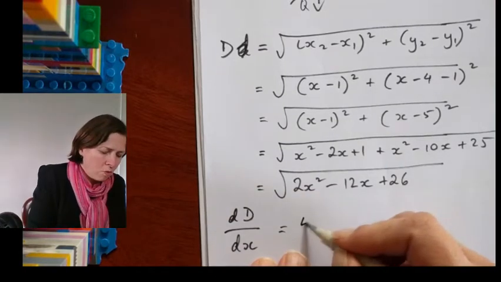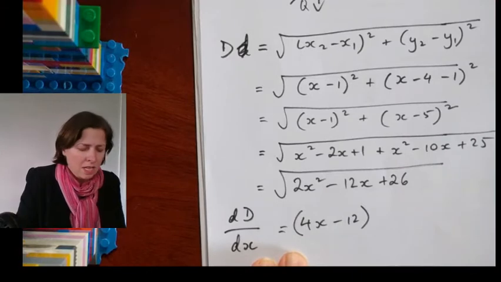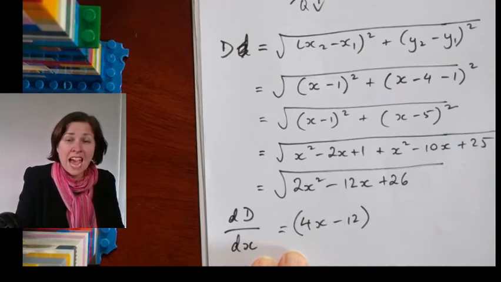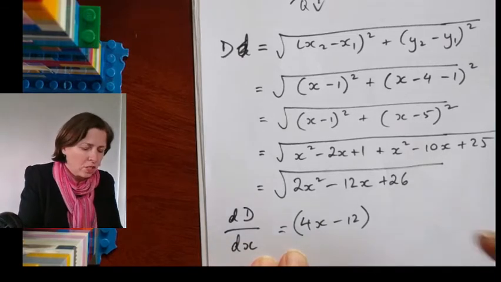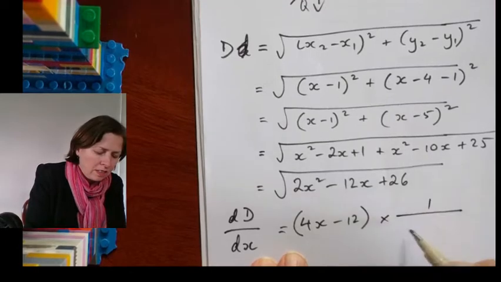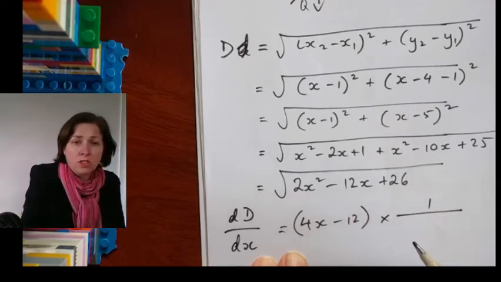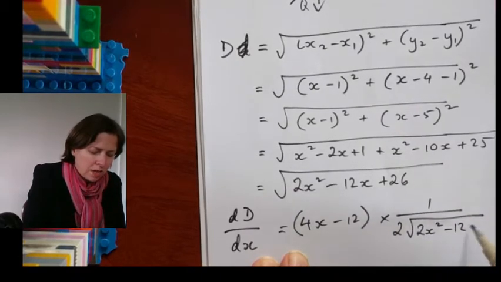That's going to be 4x minus 12. Don't forget your brackets. Multiplied by the derivative of the outside function. The outside function is the square root of u. The derivative of that is 1 over 2 square root u. But instead of u, I'm going to write 2x squared minus 12x plus 26.